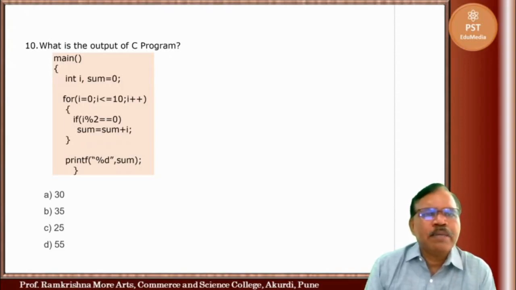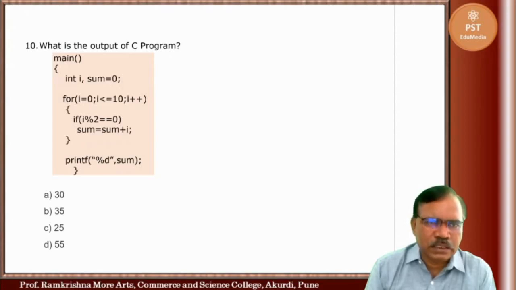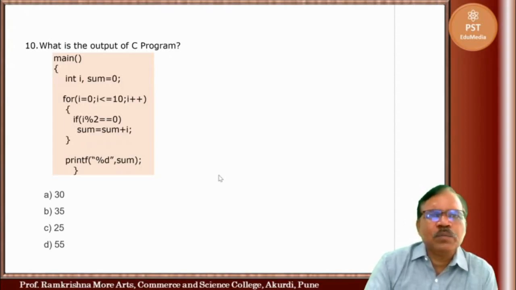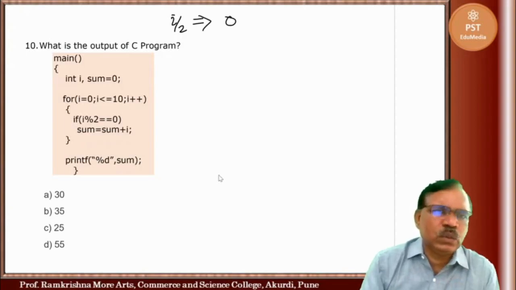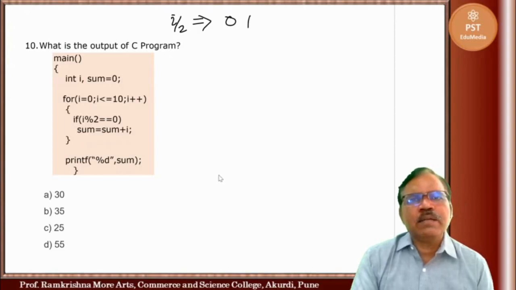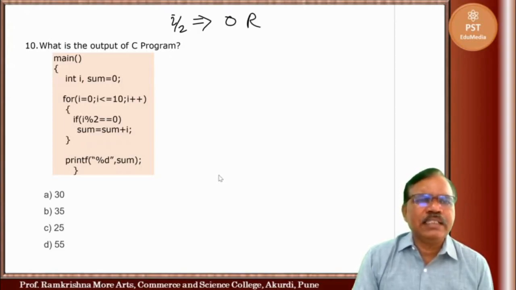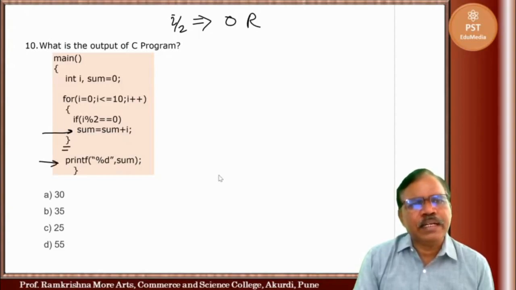In loop, if I percent 2 equal 0, I percent 2 means I is divided by 2 and remainder is taken. If remainder is 0, condition is true. Sum equal to sum plus I means if condition is true, this statement is executed. Then loop is completed and then printf statement.